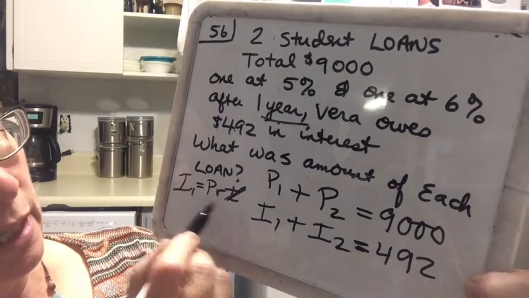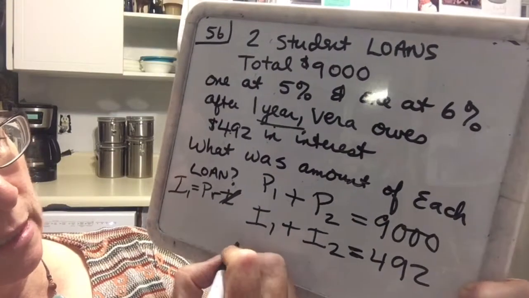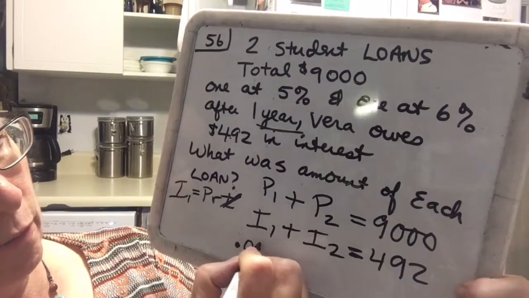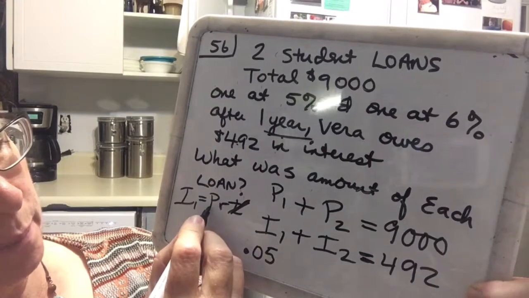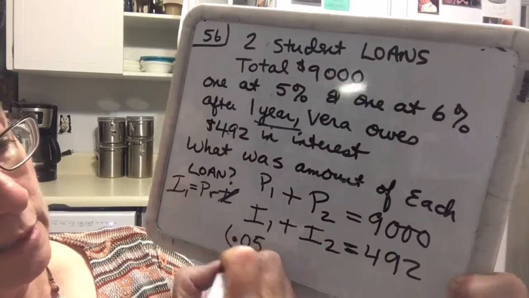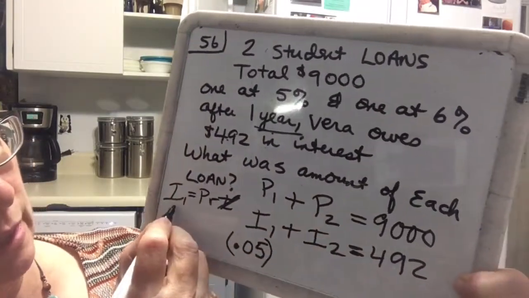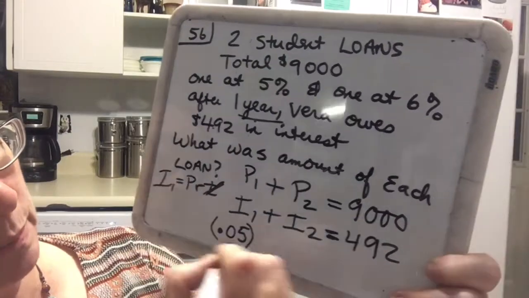So we already know that interest 1 is going to be 0.05, because it was a 5% interest, times the principal 1. So I can take out interest 1 and put principal 1 times 0.05.